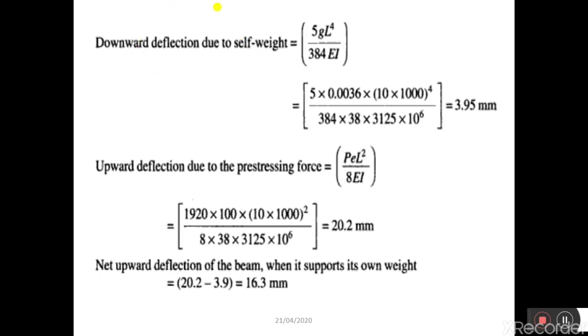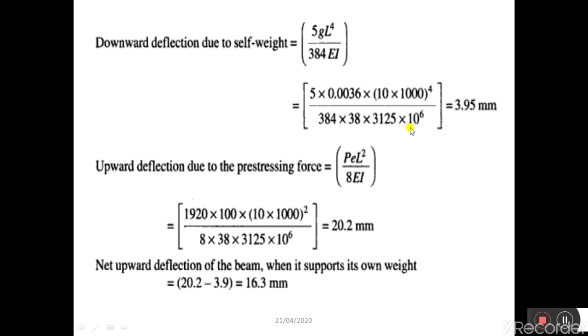So we have calculated the self weight of the beam, and we have calculated the pre-stressing force induced into the cables, and I'll just substitute the values in the formula. So deflection due to self weight is equal to 5GL to the power 4 by 384 EI. 5G we have calculated in the first step. L in terms of millimeter is 10 into 1000 to the power 4. 384 EI into 38 into 3125 into 10 to the power of 6.